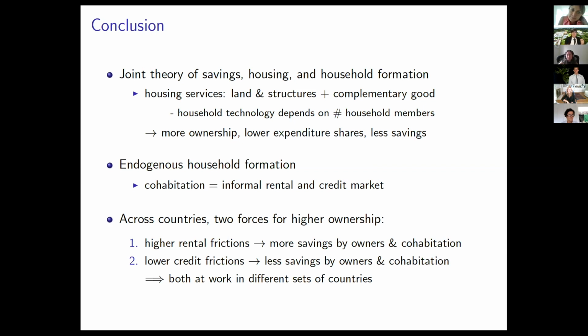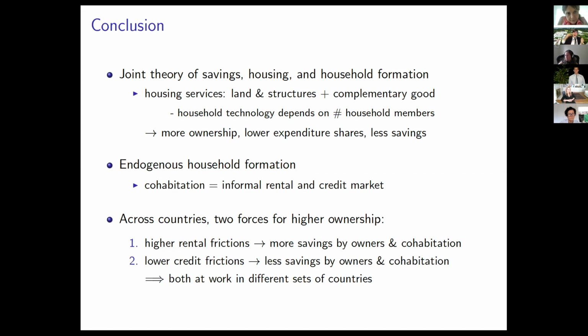It also predicts that couple renters spend less on housing than singles, and they save less conditional on being owners. Both of these we showed to be borne out in the data. We then enriched the model by allowing for young agents to live with parents, which provides informal rental and credit markets. These cohabitation patterns in the full model then help us to think about the role of rental and credit frictions for differences in home ownership rate across European countries.